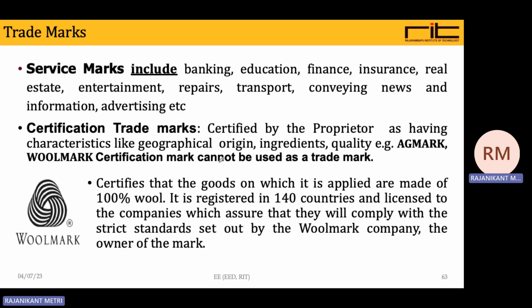Service marks include banking, education, finance, or insurance, or real estate, entertainment, repairs, transport, conveying news and information, advertising, etc. So these are service marks which are providing services. That's why they fall under service marks, like the banking sector, education, finance related, insurance, real estate, entertainment, transport.